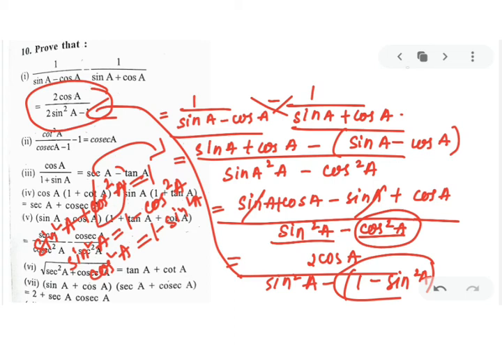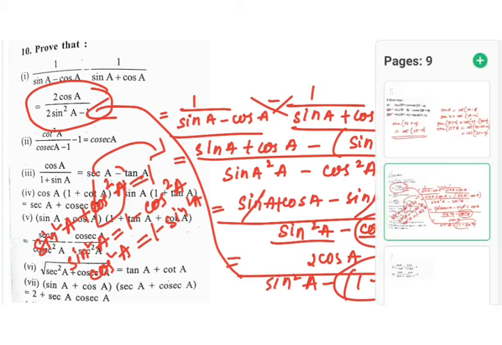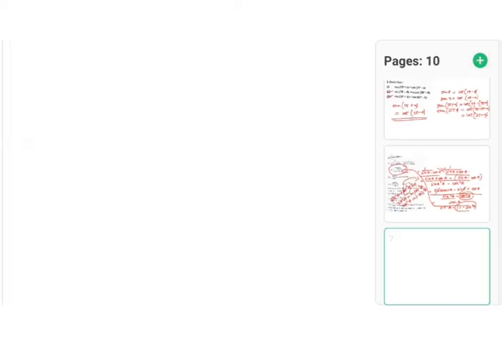Let's take one more. I'll take problem number 5 of question 10. Let's see what it says. It says (sin A - cos A) in one bracket.